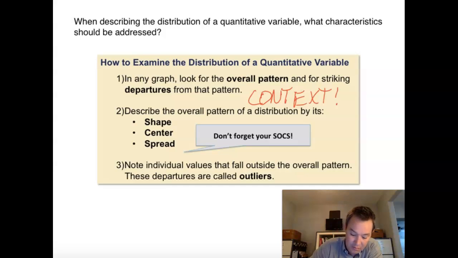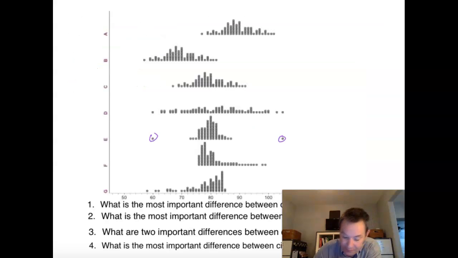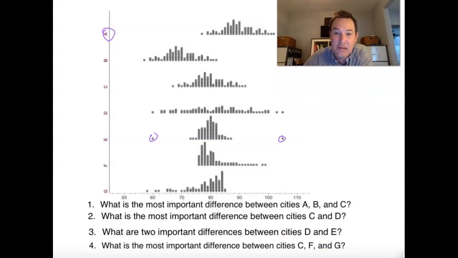So in describing, let's say, distribution A, I would say the distribution of temperatures in city A is roughly symmetric, centered over approximately 85 degrees, with a spread from, it looks like, 72 to 104 degrees, and no indication of possible outliers.